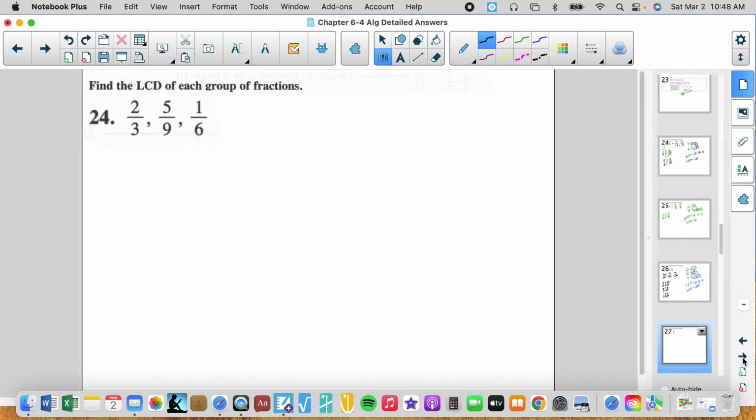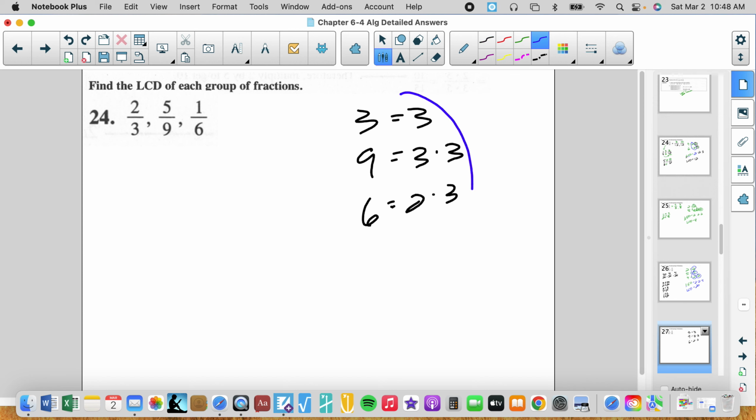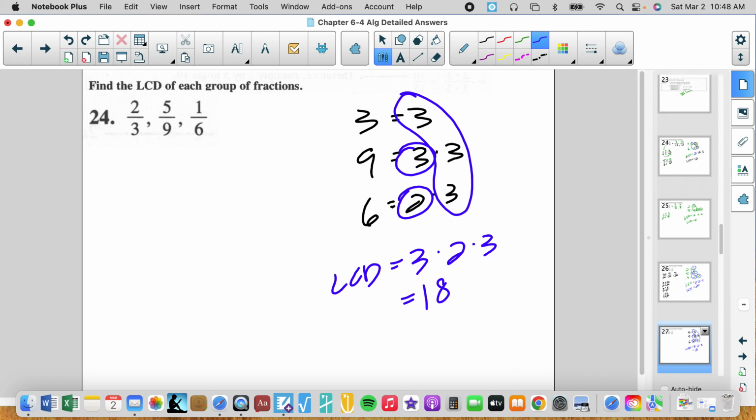3, 9, and 6. 3, 9 is prime factorization. 6 is 2 times 3. So common, they have a 3 in common. They have a 3 left over and a 2 left over. So the LCD is the 3 that they have in common, and the 2 and 3 left over, and that's 18 as a common denominator.